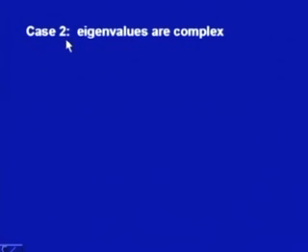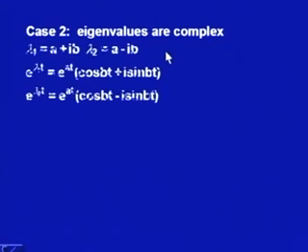In the next case, we consider that the eigenvalues are complex. When the eigenvalues are complex, we can write an eigenvalue lambda 1 as a plus ib, and since the complex roots of our characteristic equation always occur in pairs, the second, lambda 2, will be a minus ib, the complex conjugate of lambda 1.